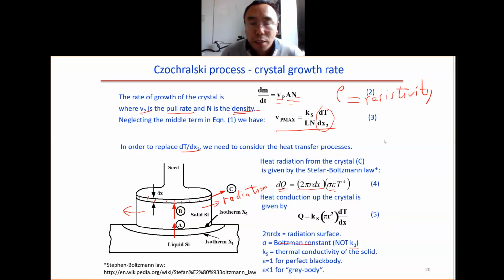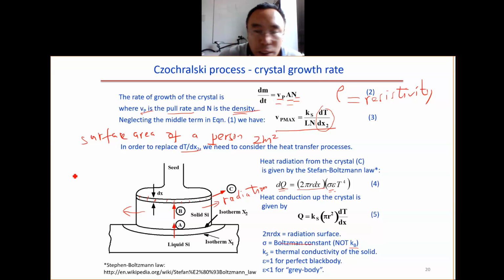Actually, the heat loss from our body is also mainly by black body radiation. The surface area of a person we can consider as about 2 square meters. Then we have sigma, and our body temperature is about 30 degrees.